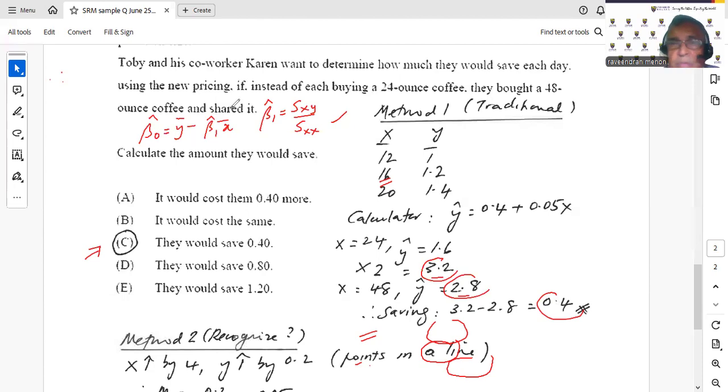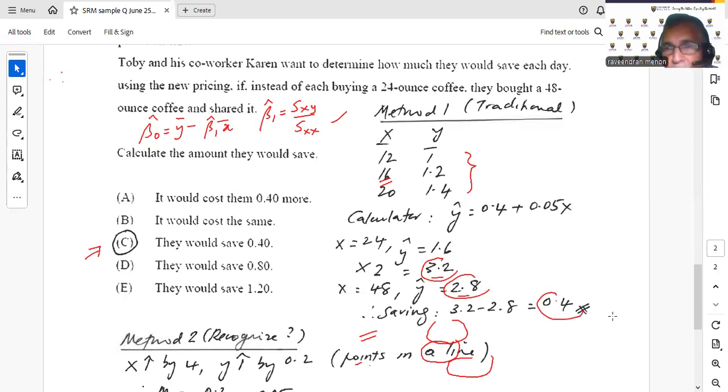Now, the other thing that I want to remark on is you could have done this differently. I'm not sure how much time you will save, but if you recognize that these XY points lie on a straight line, 12, 1, 16, 1.2, and 20, 1.4, I'm talking about these points here, you can write the equation of the straight line straight away.